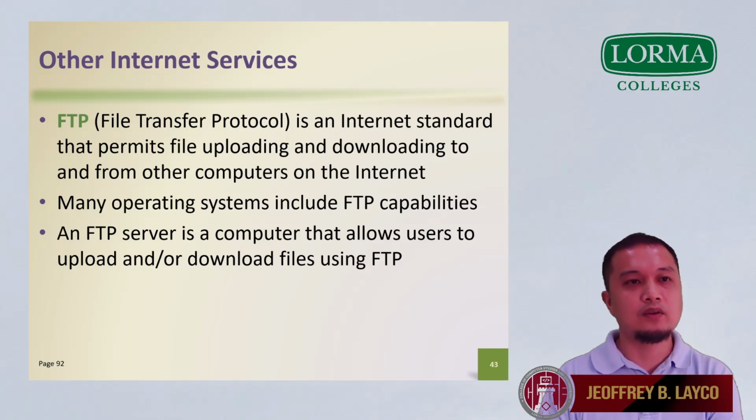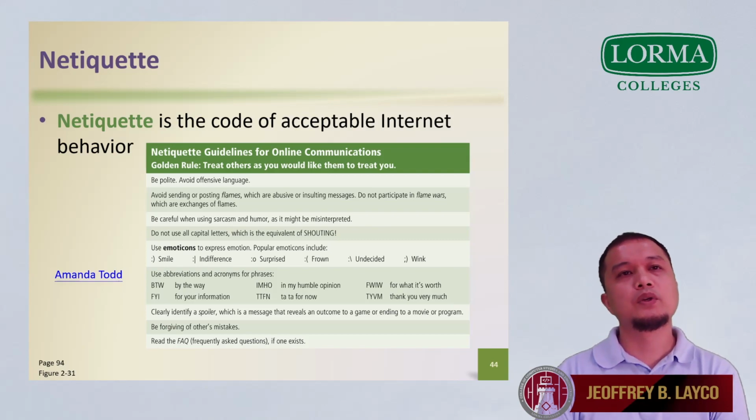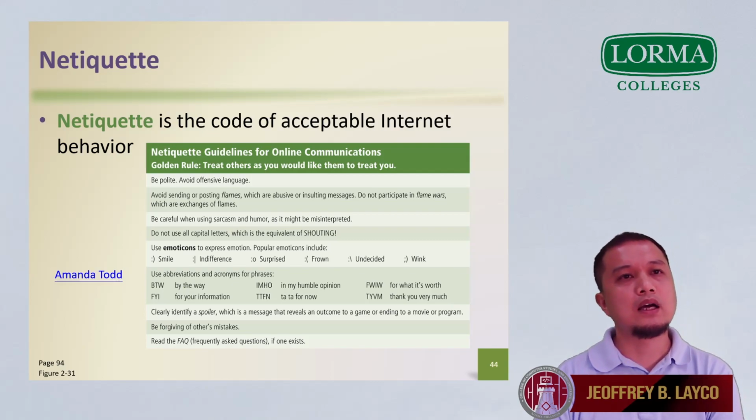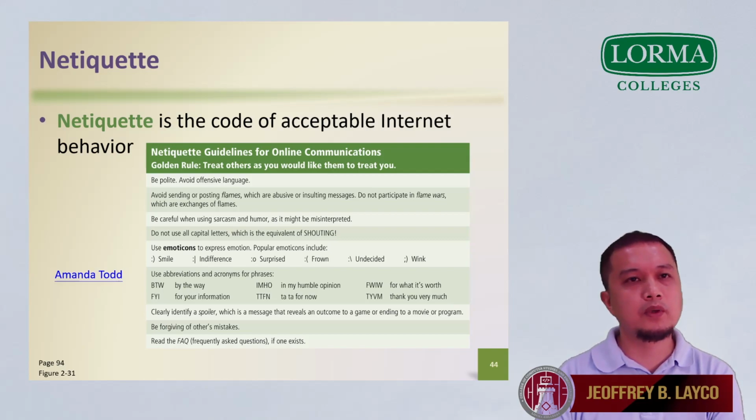Net etiquette, short for internet etiquette, is the code of acceptable behavior that users should follow while on the internet. That is, it is the conduct expected of individuals while online.